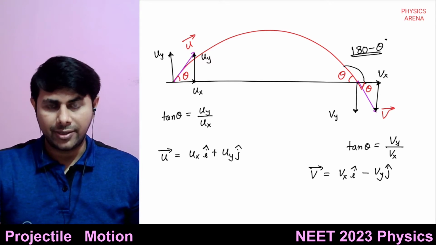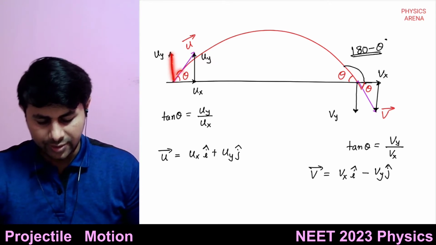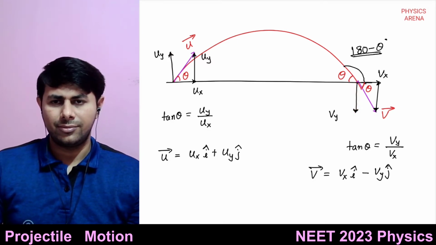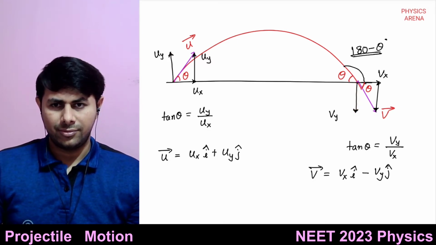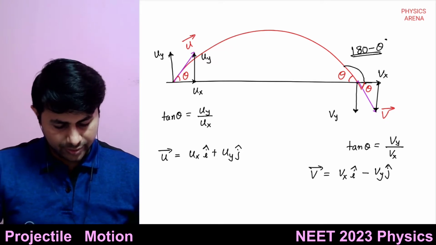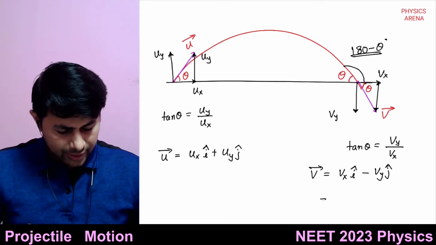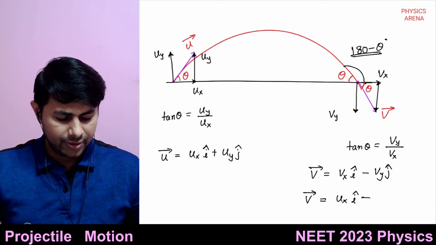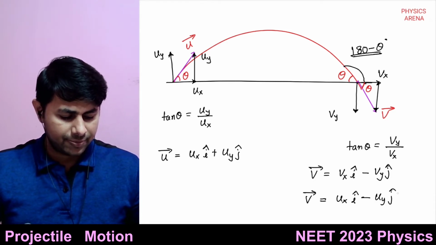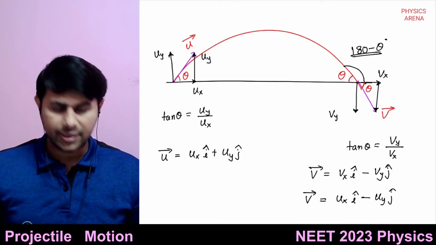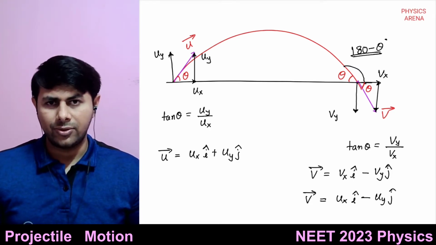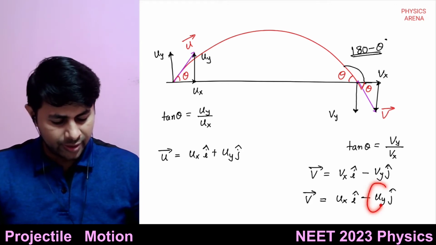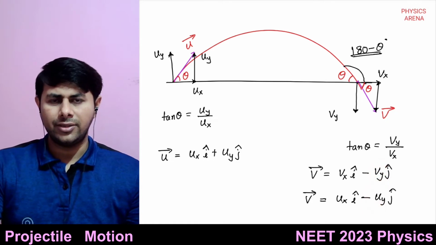It will be minus because this component is vertically upwards, this one is vertically downwards, right? So you can equally write v bar is equal to ux times i cap minus uy times j cap, because vx is equal to ux, vy is equal to uy in magnitude, but the direction is opposite for vy. Okay, so this is clear.